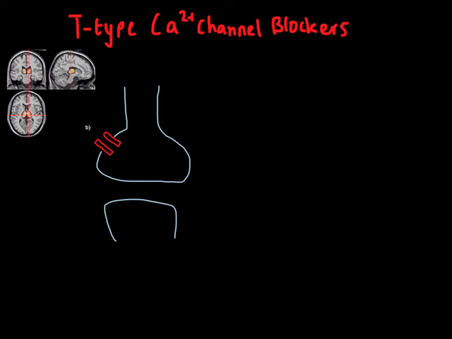So I tend to think of it like the pacemaker potential that we see in the heart, which tends to look a little bit like this. However, the pacemaker potential in the heart is L-type calcium channels, whereas this is T-type calcium channels. The drug that we use is called ethosuximide, and it blocks the calcium channels here. And they're used for absence seizures.